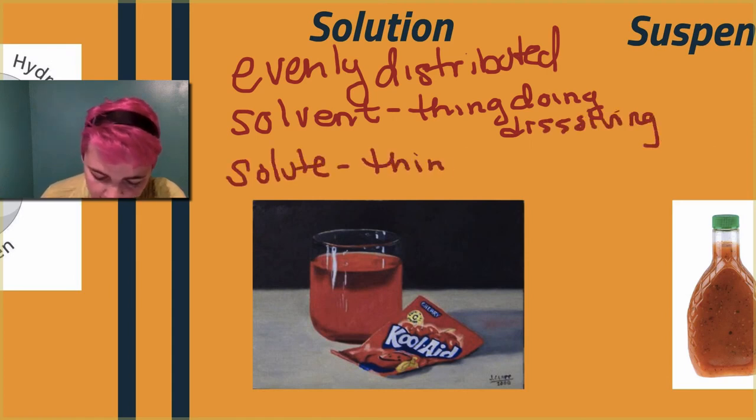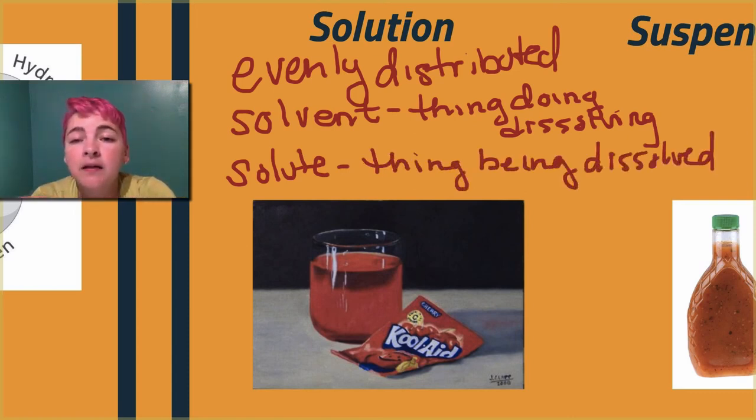And then you have the solute. This is the thing being dissolved. In the case of the Kool-Aid, the solvent, the thing doing the dissolving, is water. The solute is the thing being dissolved, which would be the Kool-Aid powder.